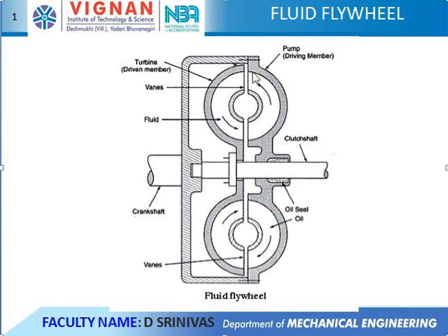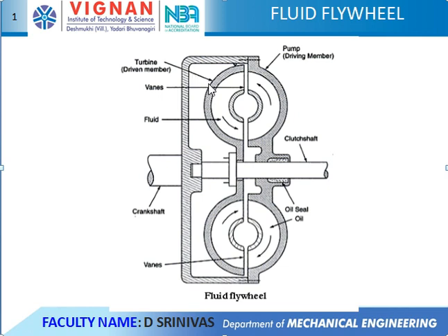We can see that this C and D shaped turbine and pump will form a circular path. That means it is somewhat like a tube in the shape of a circle.